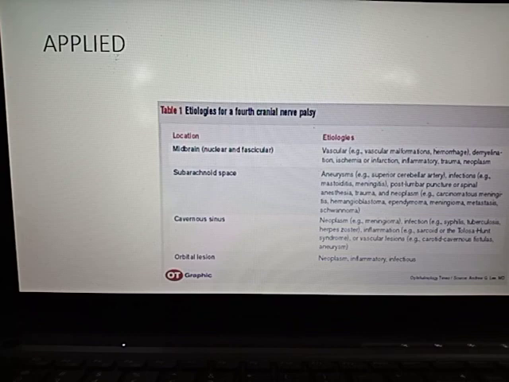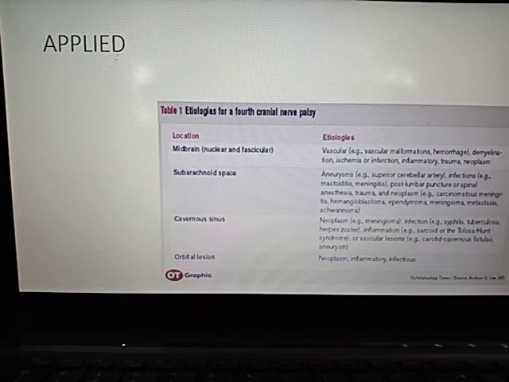In the subarachnoid space, there may be aneurysm, infection, mastoiditis, meningitis, post-lumbar puncture or spinal anesthesia, trauma, neoplasm, etc. It may cause subarachnoid space infection or increased tension of this area, so there may be a chance of fourth cranial nerve palsy.